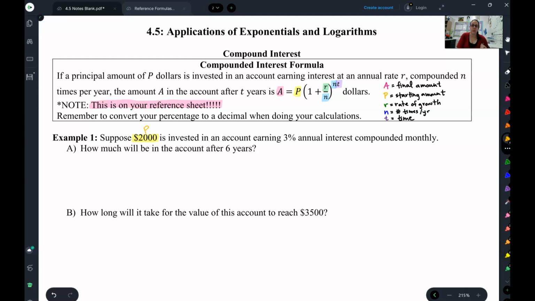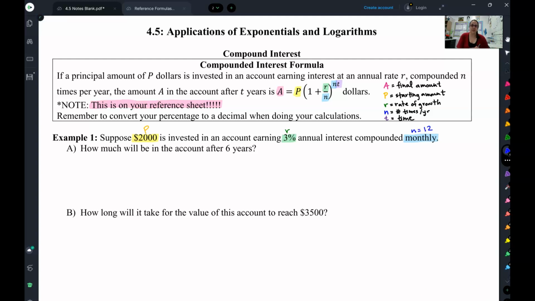That's how much is originally being put into the account. Then it says earning 3% annual interest compounded monthly. So that 3% is my R. That's my rate of growth. And I also have over here it says compounded monthly. So that tells me that my N is going to be 12.